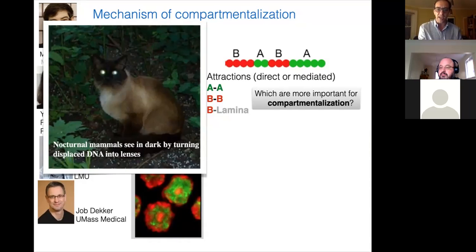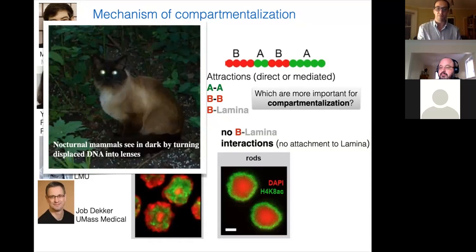Their nuclei are completely inverted. So they do not have this mechanism that would attach B to the lamina, to this periphery, to this matrix at the periphery, and as a result, their B chromatin, inactive, useless chromatin, or junk DNA basically, ends up being in the center, and all the genes end up being at the periphery.